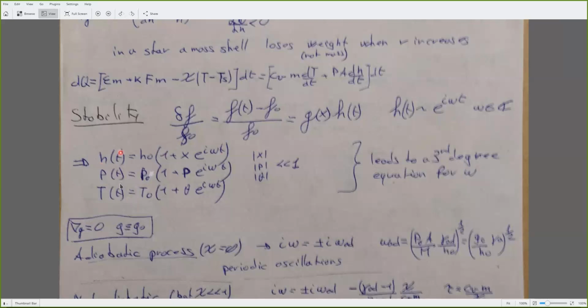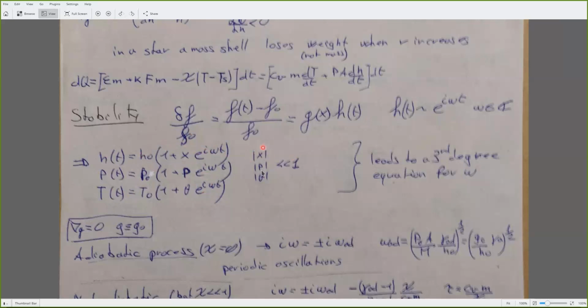So we can have the three variables: essentially the height of the piston, the pressure inside the gas, and the temperature of the gas, varying in this way, with zero-subscript temperature times 1 plus a value depending on the properties, and then something that changes with time.